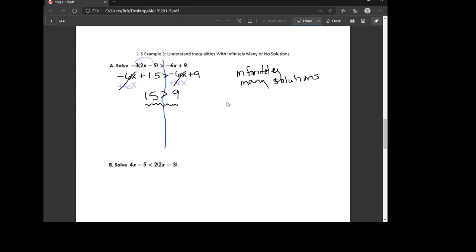On a number line, the graph would look something like this, where you shade the entire number line, and there aren't any endpoints marked. So there's all the numbers in the real number system.